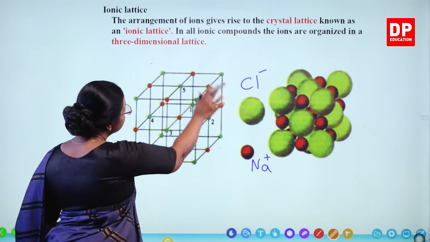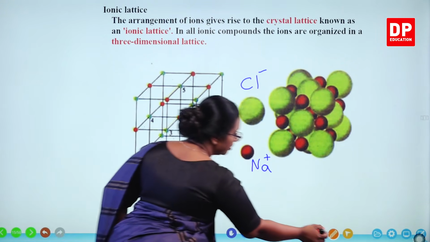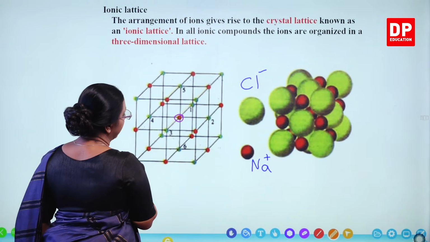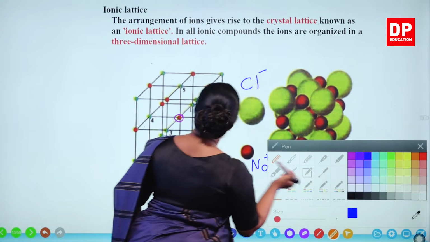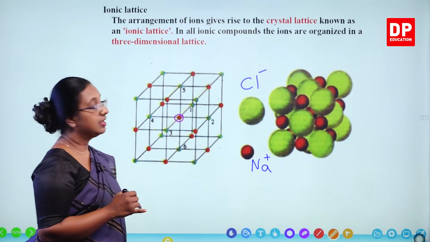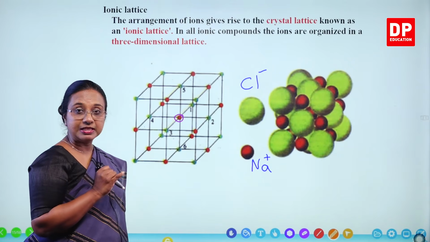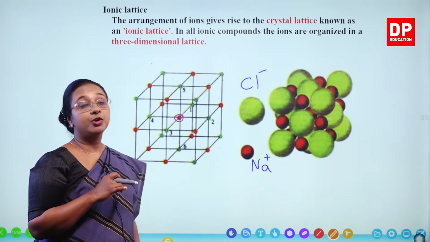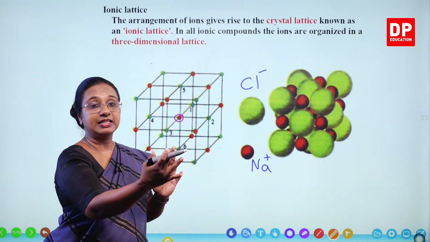So look at this structure, the lattice. Now here there is a sodium ion that is surrounded by 6 chloride ions. Now I explained to you all when there was one sodium in the middle, around that there were 4 chloride ions, and I told you there are many layers like that.